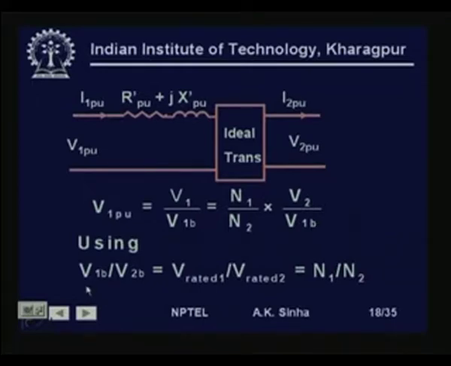Now, if we are choosing our two base voltage values on the two sides of the transformer such that V1 base divided by V2 base is equal to V rated 1 divided by V rated 2, this is equal to N1 by N2. This is what, as I said, if we follow this convention, that the base values for the voltage at the two sides of the transformer are in the ratio of the rated voltages, which will also be the turns ratio of the transformer.